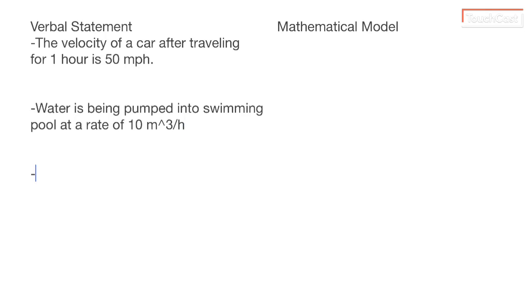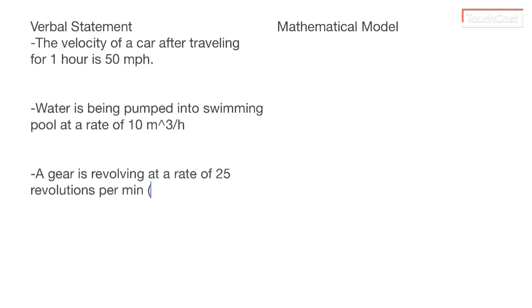Another verbal statement could be a gear is revolving at a rate of 25 revolutions per minute, where 1 revolution is equal to 2 pi radians.